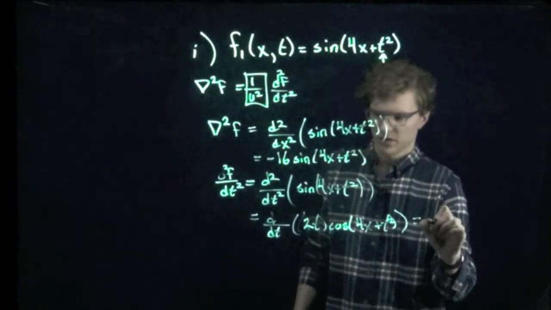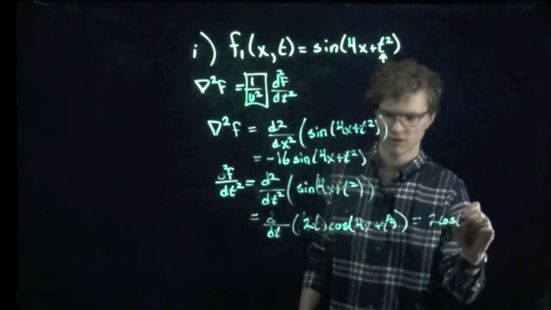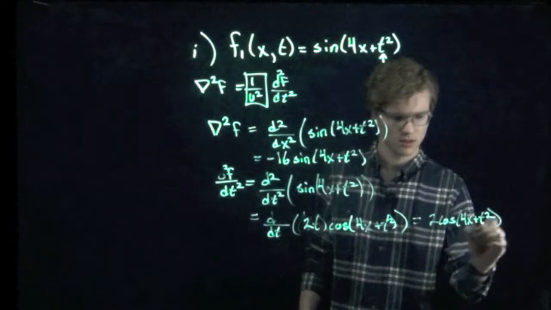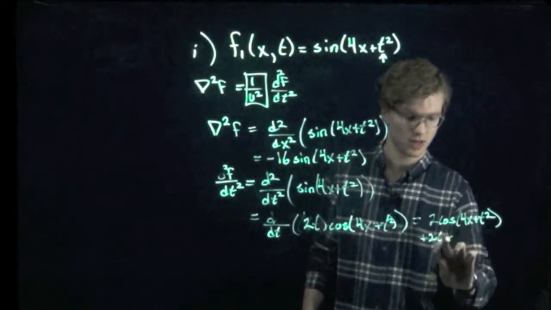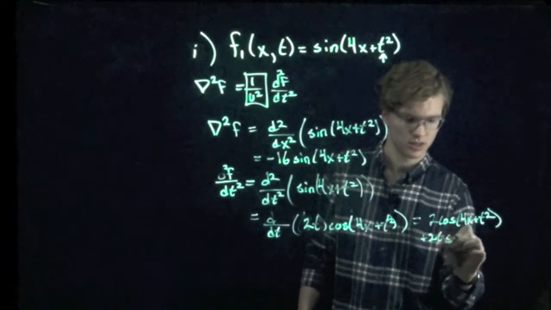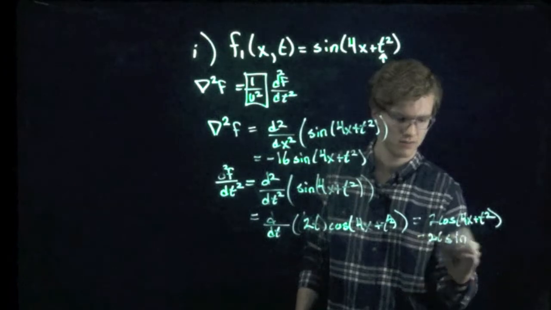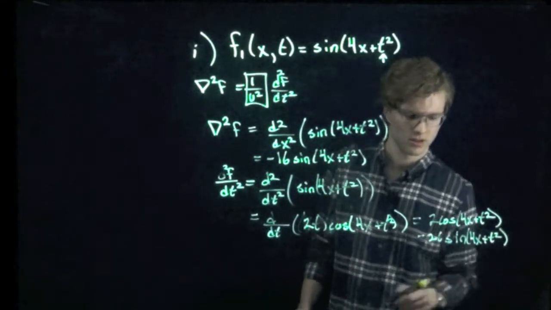The next derivative is going to give us 2 times cos of 4x plus t squared, and the other term gives us 2t times 2t times sine, but we get the negative coming out, so this is going to be negative sine of 4x plus t squared.